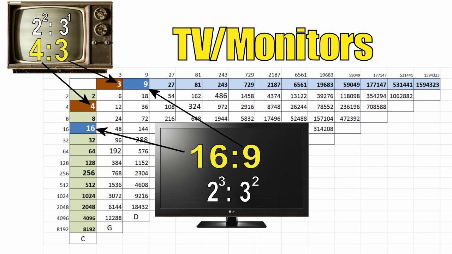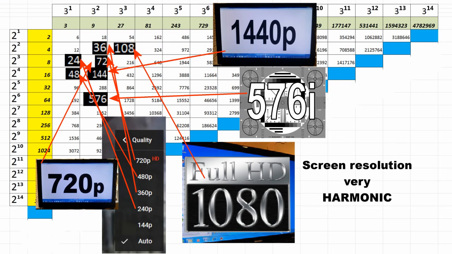So that's the size or the proportions of the screen, but look at even high definition, for instance. You have 1440, 576, 1080, 720. Very harmonic in that sense as well. So these are features to consider.